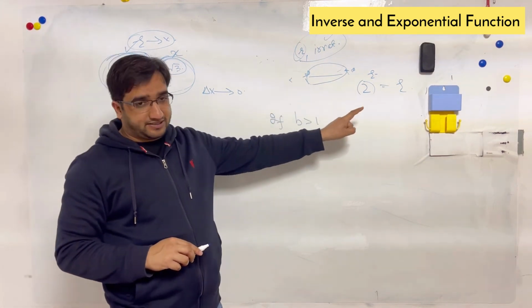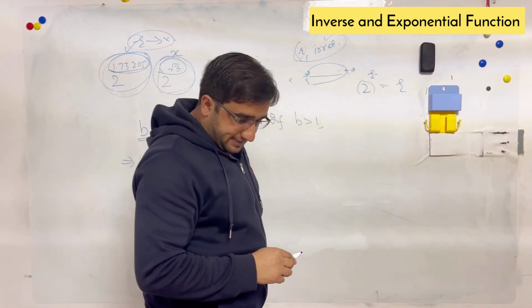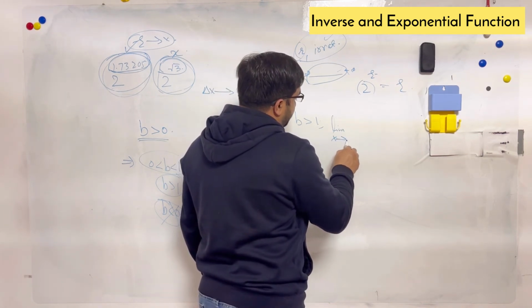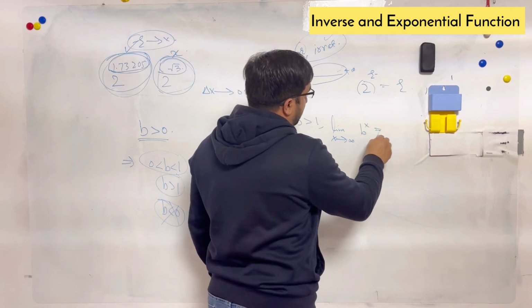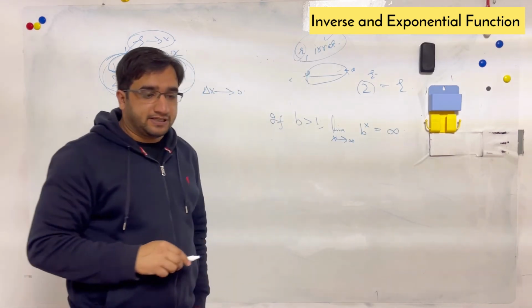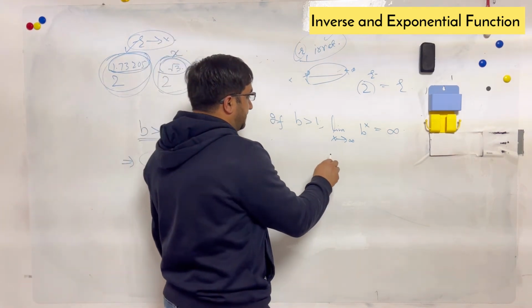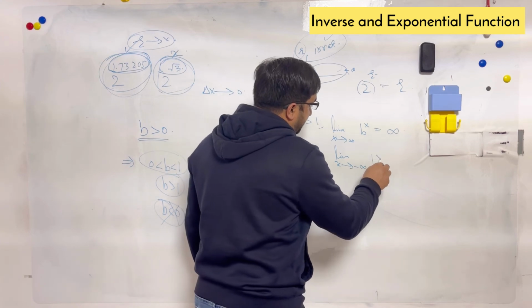This is not possible. So in these two possibilities, if I pick up the first possibility, that b is any number greater than 1, like 2, 3, 4, 5, 6, 7, then the limit x approaching infinity of b raised to the power x, the answer will be infinity always in the case of exponential functions. And the limit x approaching minus infinity, the answer will be 0.